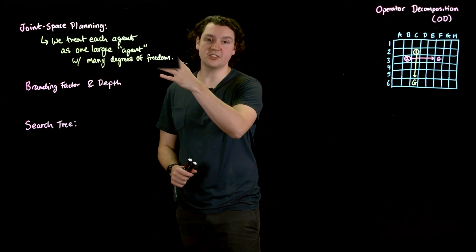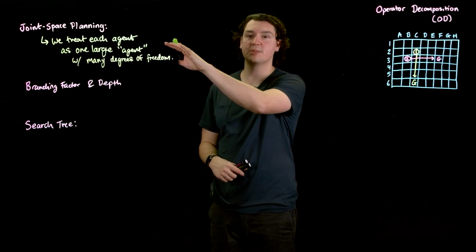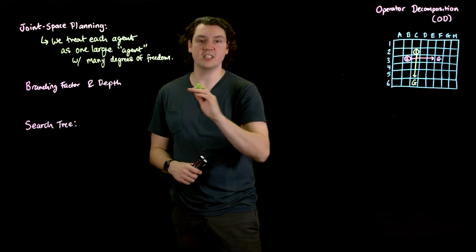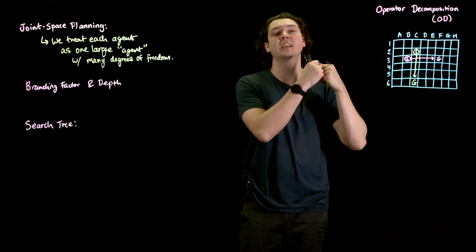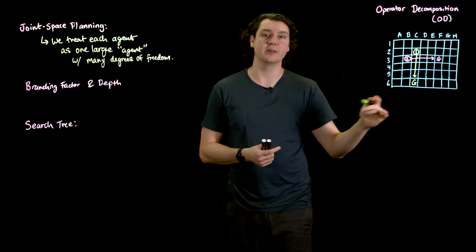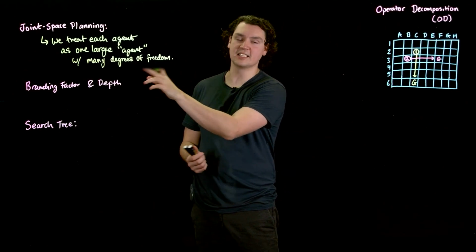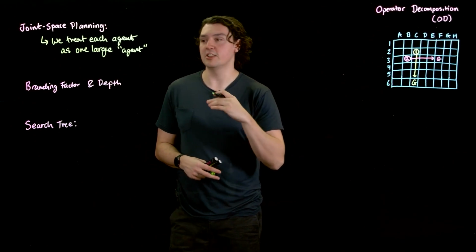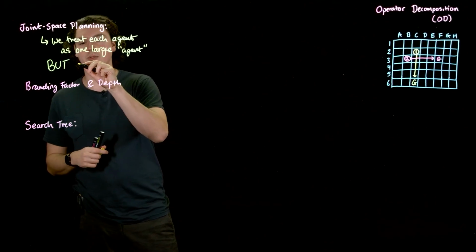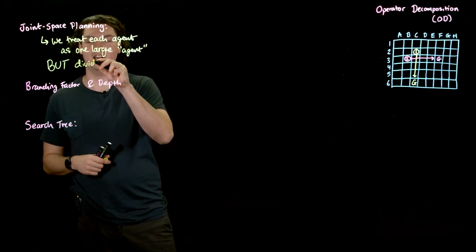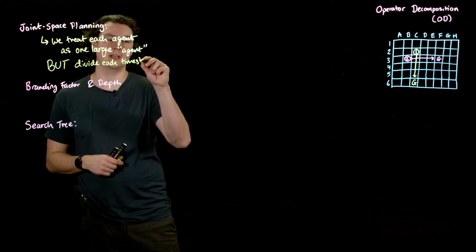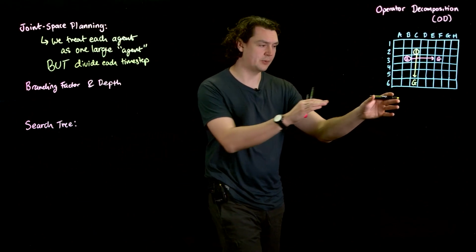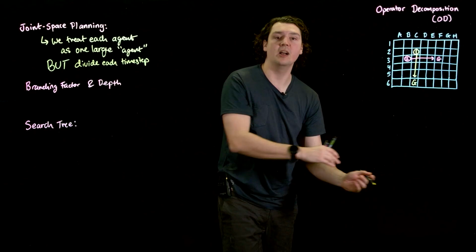Okay, so we previously described Centralized A star as being a joint space planning approach where we treat each of these agents as essentially one large agent which has many degrees of freedom. Well, I'm going to erase this last line here. We're still trying to treat them all as one agent, but we are going to divide each time step now.